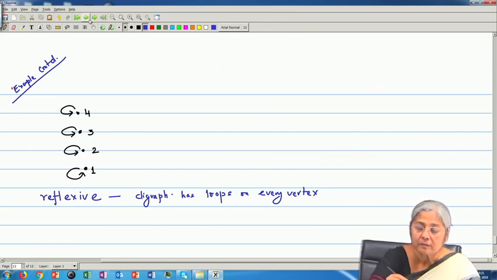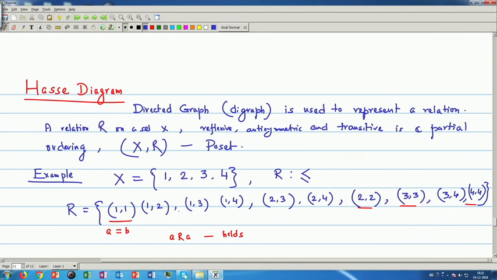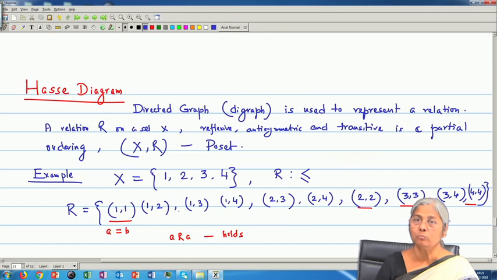Now, since it is less than or equal to, I am considering a direction, either upward or downward, say 1 2, 1 3, 1 4.